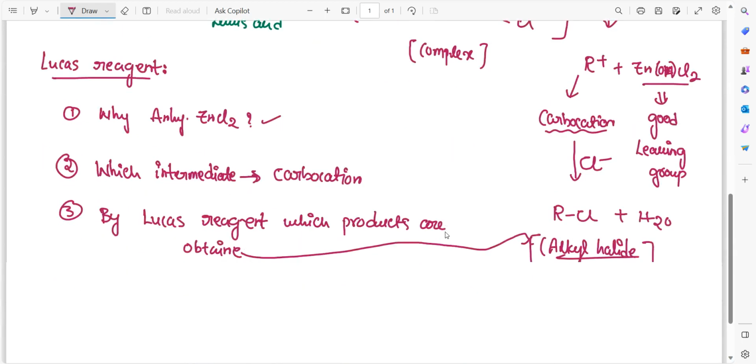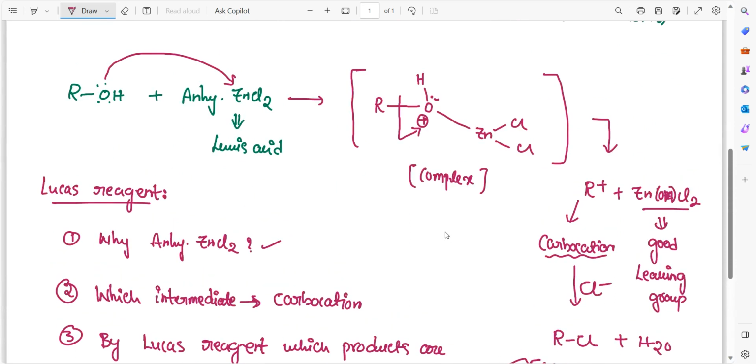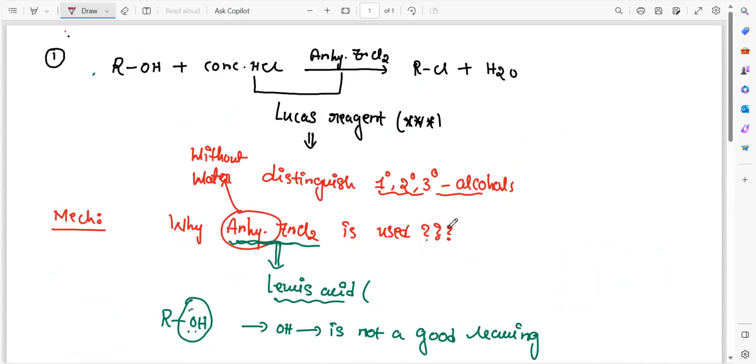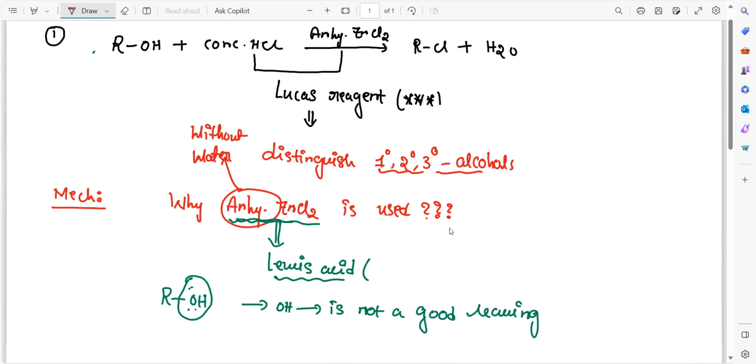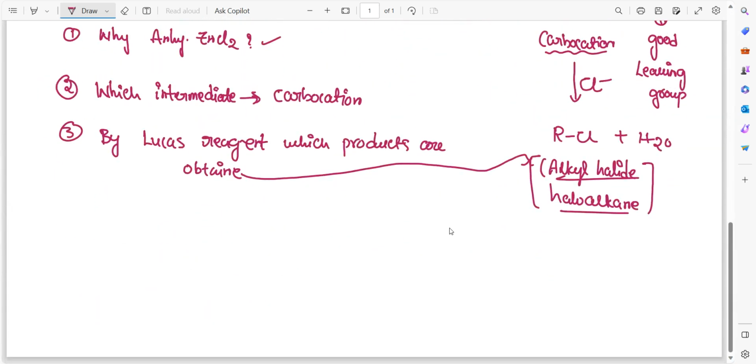Now let us try to understand how this reacts with the primary, secondary, tertiary alcohols. At the start of this video, we discussed that the main purpose of this Lucas reagent is to distinguish the primary, secondary and tertiary alcohols. Now let us understand how this Lucas reagent distinguishes these.